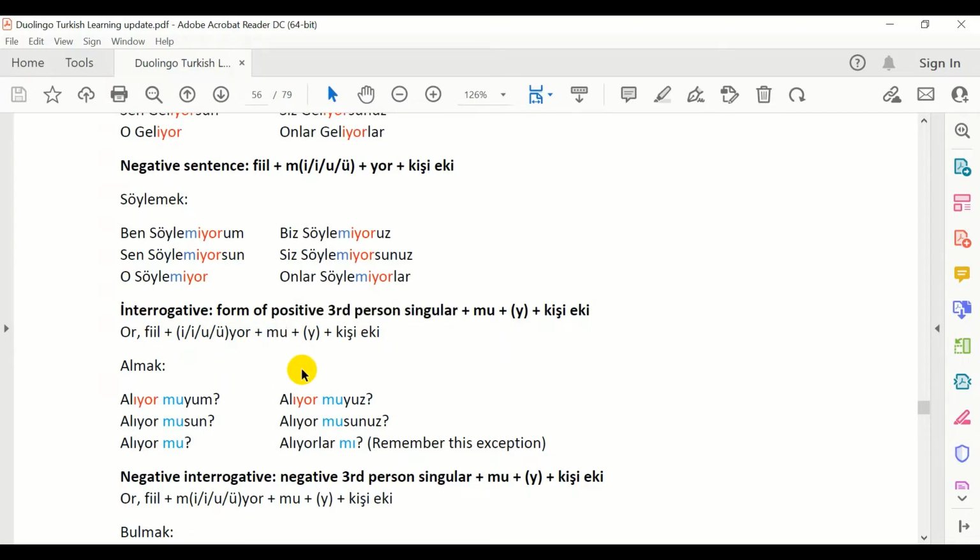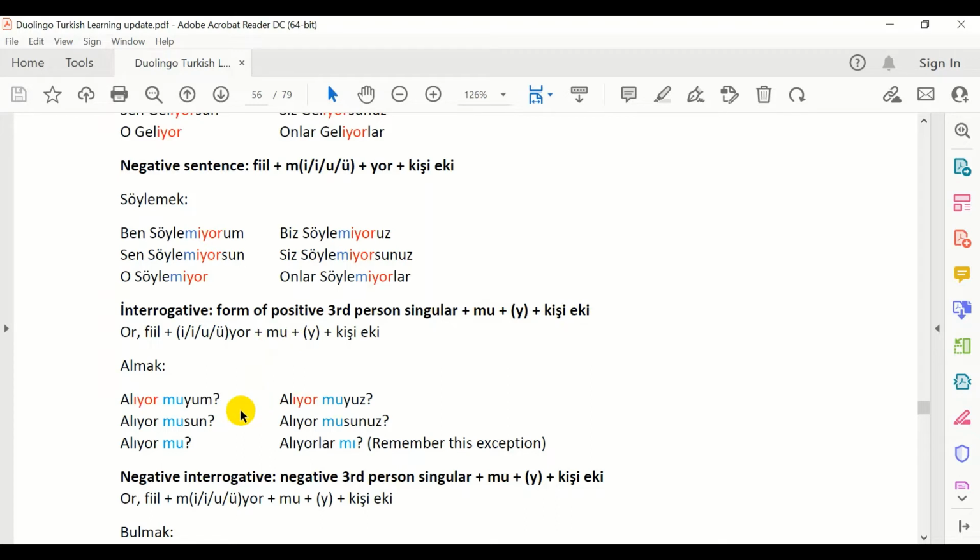As simple as this. Here I have even written the definition form of positive third person singular. For example, almak, alıyor. It is in positive form, you see, alıyor like o geliyor, plus mu, plus kişi eki veya personal suffix.